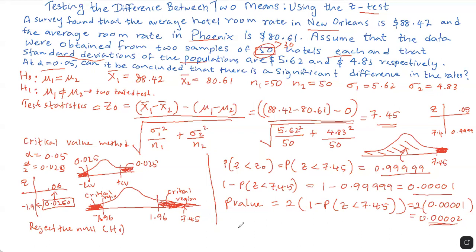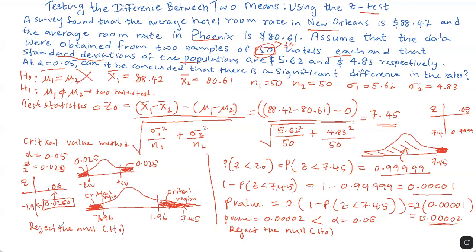According to the p-value, it is a very small number. You compare that with alpha, which is 0.05, and alpha is larger than the p-value. So the p-value is small, so we reject the null H naught.